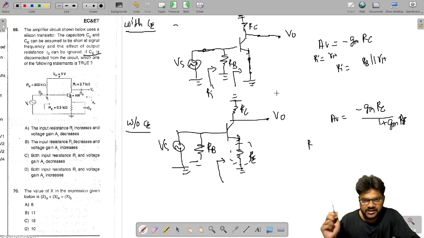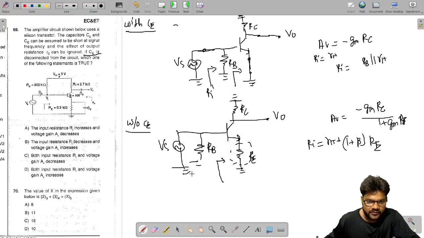I will provide the link here, you can check it out. For this circuit, Ri you will write as R pi plus 1 plus beta into Re. This is the total input impedance, so Ri dash you can write as Rb parallel Ri.